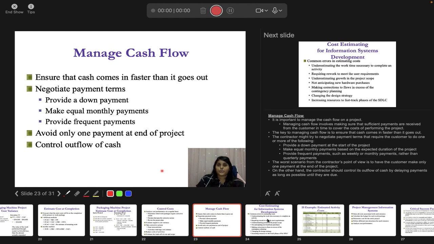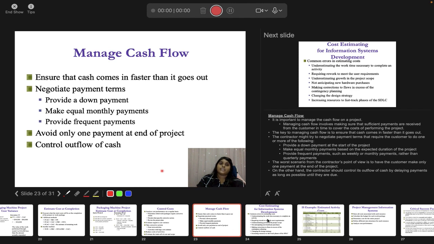You don't want to go higher, you don't want to go lower. You manage your cash based on the activity, based on the requirement, and based on the key items. You don't focus much on the unimportant tasks or activities. Your focus should only be on the key items in that particular project.